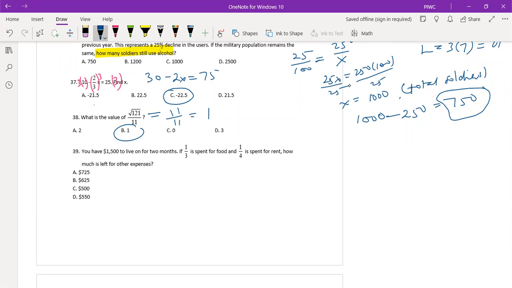Or you can work with fractions. I can find what fraction is spent on other things. So I can add these 2, and I need the LCD. That'll be 12, so 12, 4, and 3.